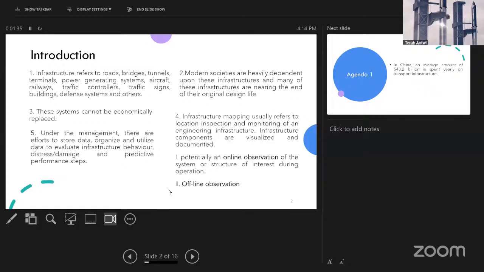If you highlight these infrastructures, what is common is that all these structures sort of interact. They need each other to thrive in our physical space, the same way we humans also heavily depend on them. But what happens is that all these infrastructures, right from the time of operation, start to have their original design life diminish.